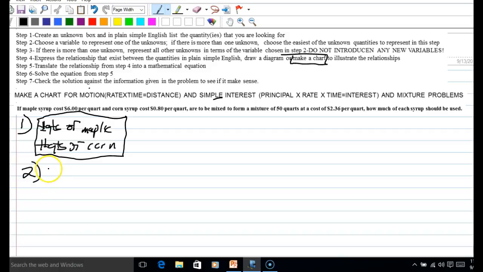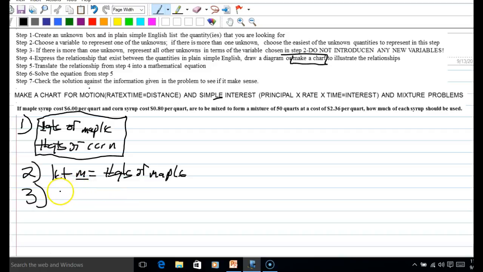So I'm going to just say let M equal number of quarts of maple syrup. Again, get away from using X and Y. X and Y are overrated. I try to use a letter or variable that represents the first letter of the unknown that I'm trying to find.